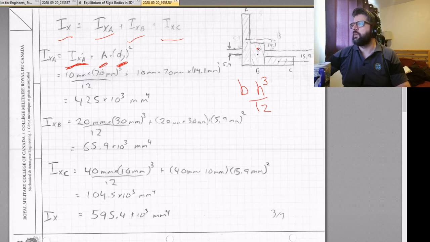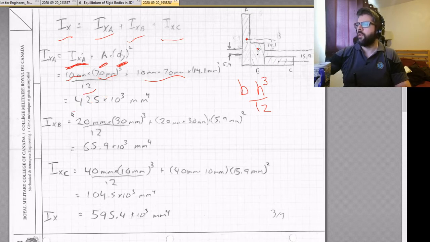Our bh cubed over 12 plus the area times our dy squared. So dy in this instance is 14.1 because the centroid for that thing is located here at 35 millimeters, minus our 20.9 millimeters gives us 14.1, which gives us a value here.